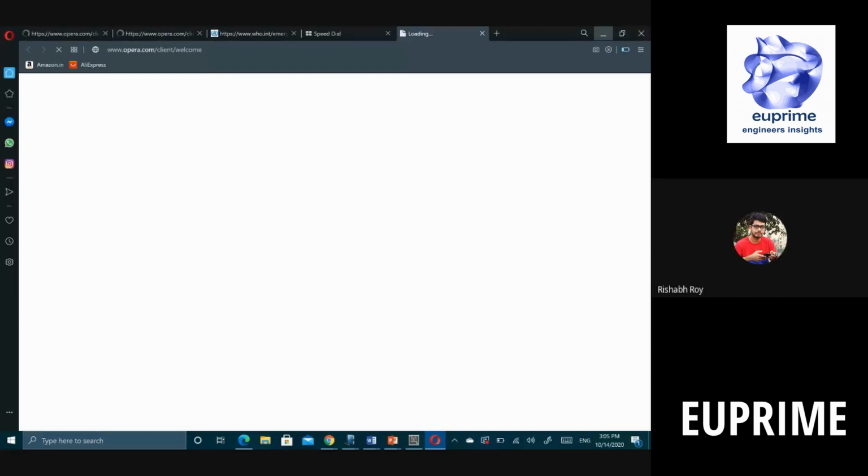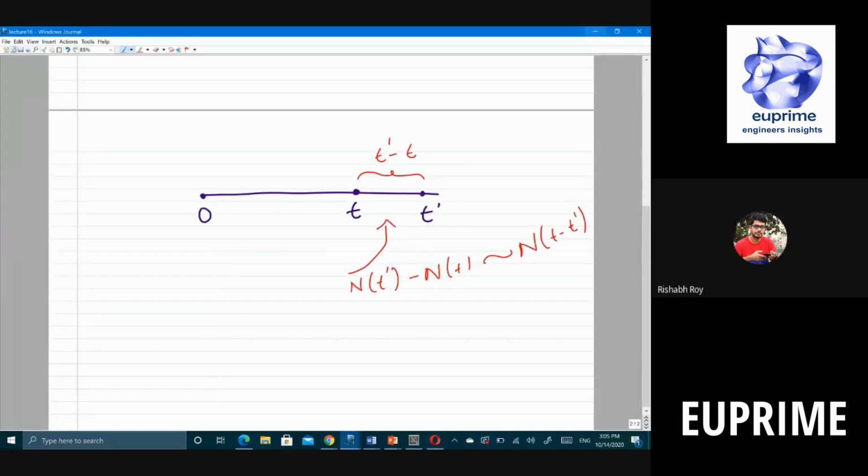Does the counting process N(t) consider only arrivals, or arrivals and departures aggregated? No, it just considers arrivals or departures, one of them. Is that fine, Rishabh? Yes, sir.